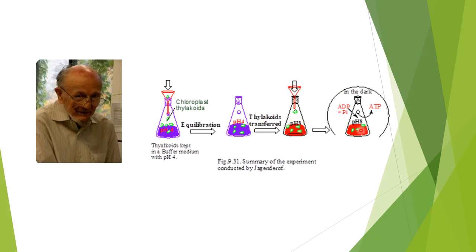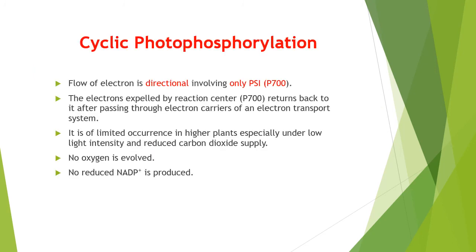So there was a potential difference between the two, and then keeping it in the dark, adding the ADP and labeled inorganic phosphate, there was the generation of ATP. This was the direct proof towards the photophosphorylation or proton-driven ATP synthesis in the chloroplasts.